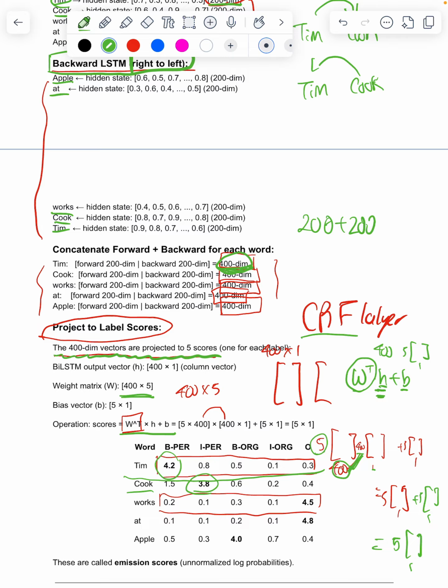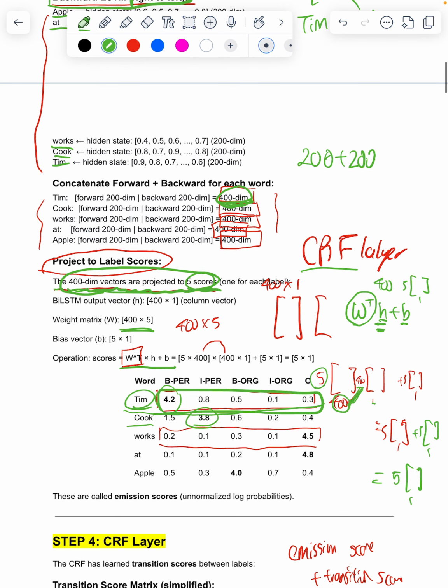That's what it means when you're projecting the 400-dimensional vector to five scores. So for Tim, we would have 5 scores. I think they're initially randomized, but they will be backpropagated based on the data at hand, and they will be properly trained.